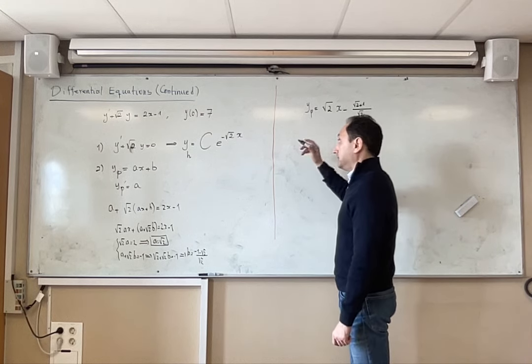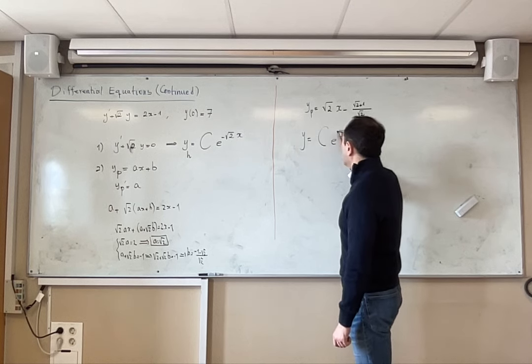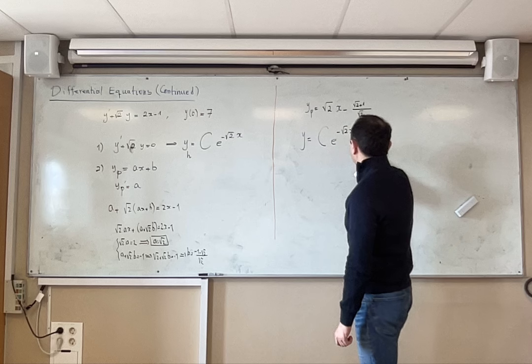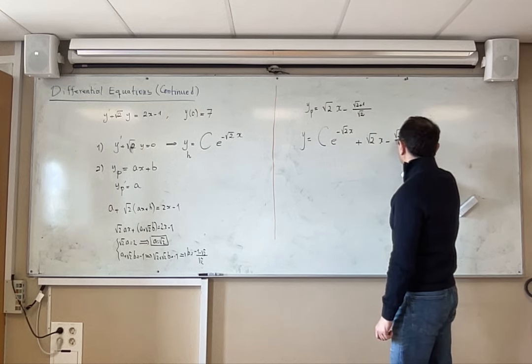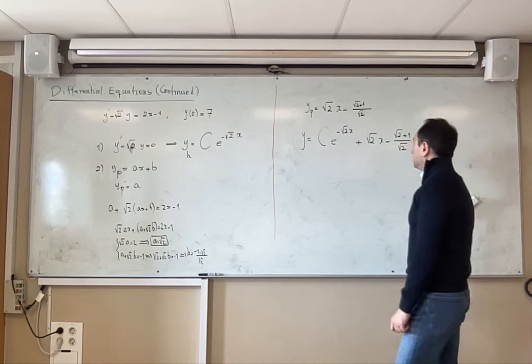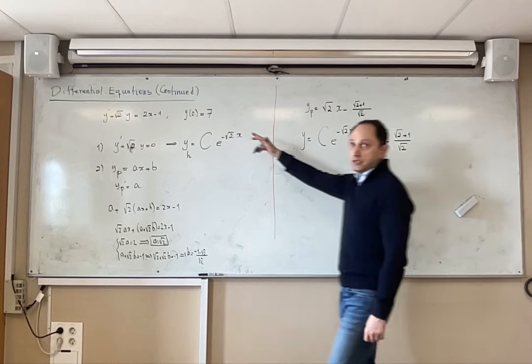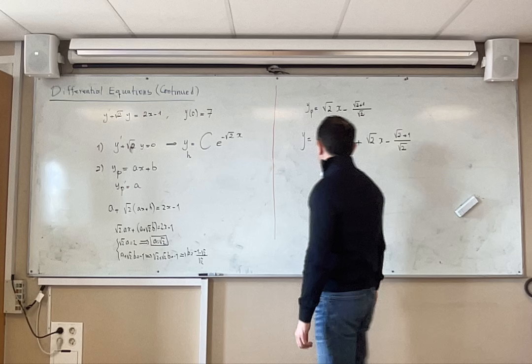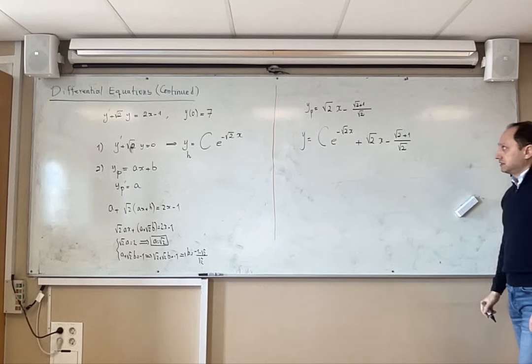And then what do you write? The solution is yc, that is yh, plus yp. Okay, but now you're allowed to use the initial condition. The initial condition tells you that if you replace x with 0, the output is supposed to be 7.